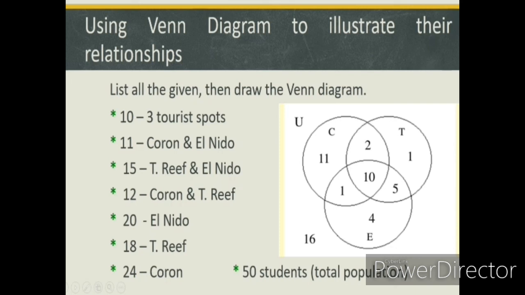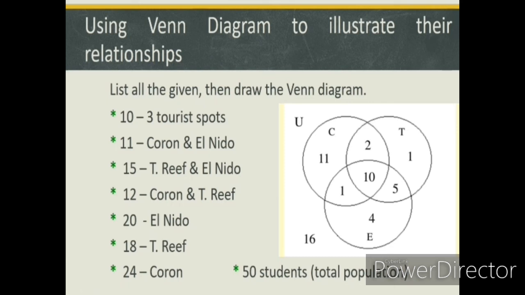However, if you add all the numbers written inside the 3 circles, that only sums up to 34. And we know that all 50 students went to Palawan province. So how do we deal with this?